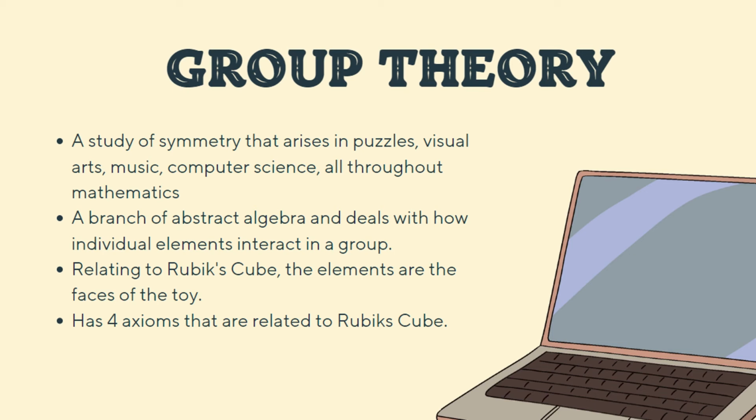Relating to the Rubik's Cube earlier, the elements are the faces of the toy. Group theory has 4 axioms that are related to the Rubik's Cube. Now I'm going to discuss what those 4 axioms are.